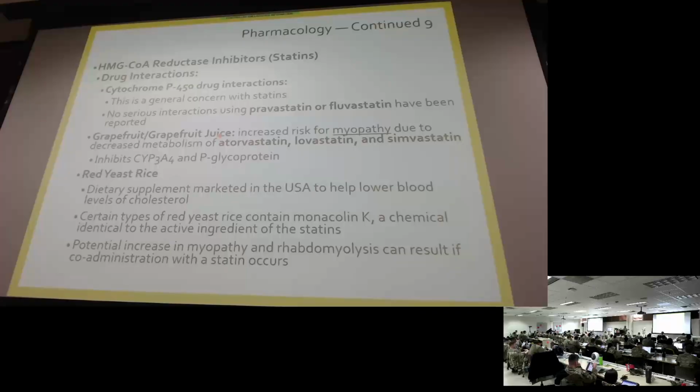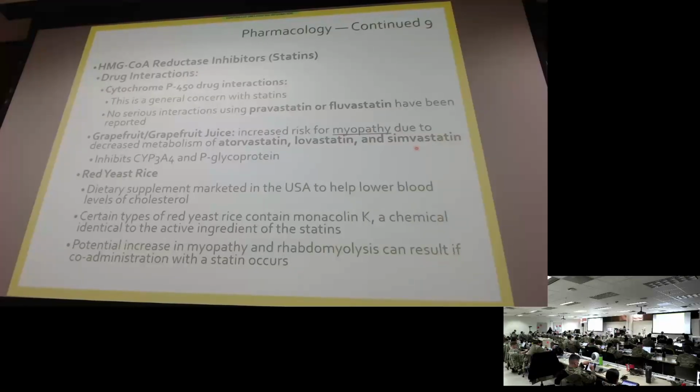So, if you have atorvastatin, lovastatin, and simvastatin, these are the ones where you see an increased risk of myopathy, if they're taking these. And your atorvastatin is one of the common ones that you will see us use. So this one is like the one that you're likely having to worry about. But lovastatin, atorvastatin, simvastatin interact with our grapefruit juice.